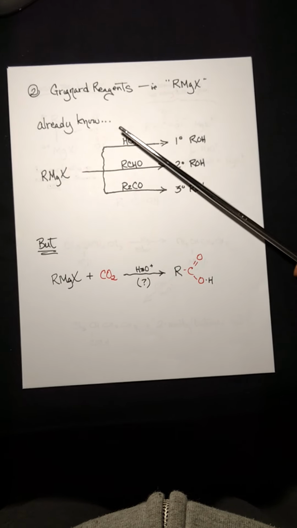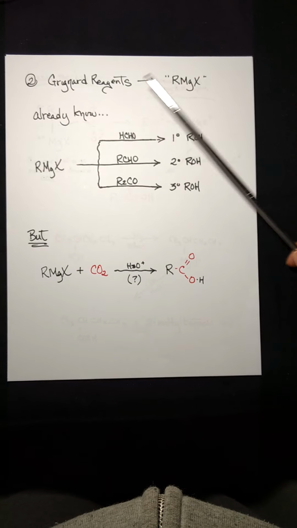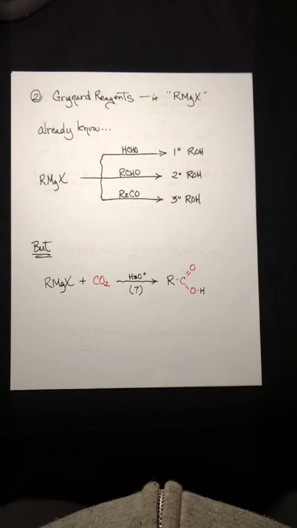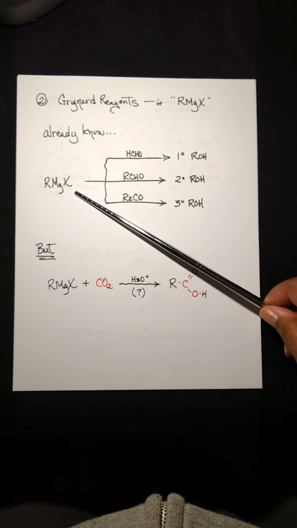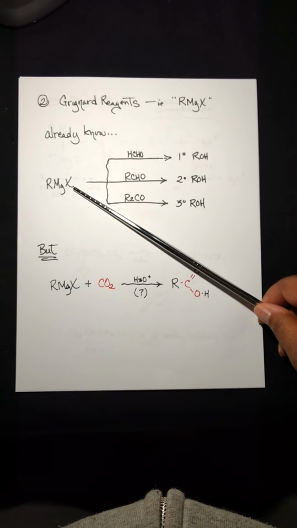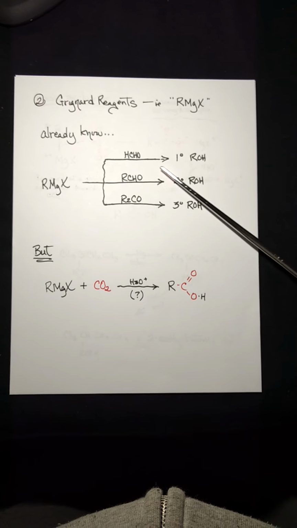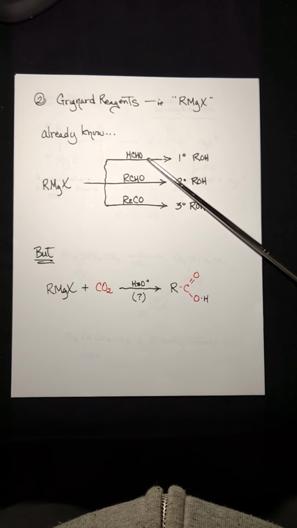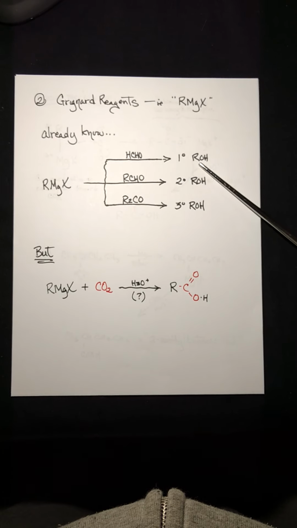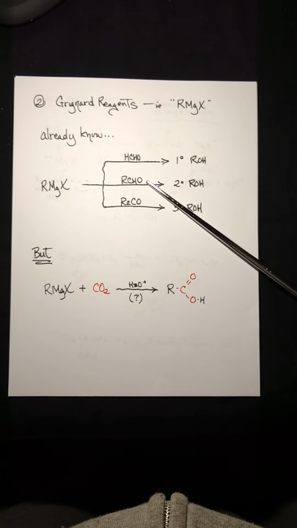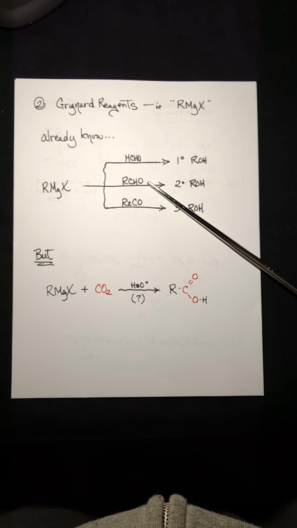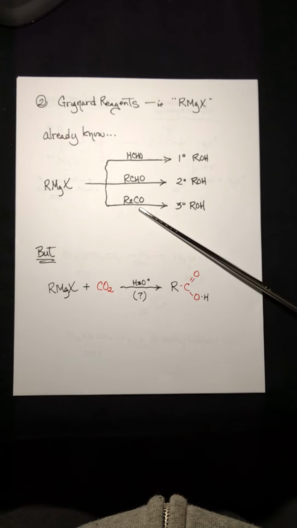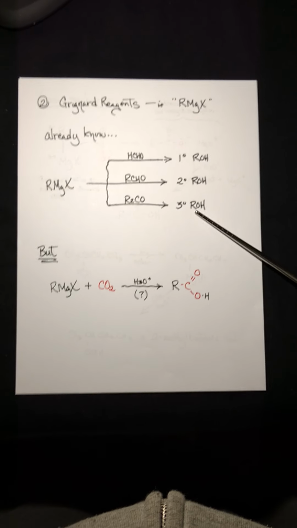Now, bet you didn't think that you would see Grignard reagents in this discussion. We know from past experience that a Grignard in conjunction with formaldehyde will give you a primary alcohol, an aldehyde in general will give you a secondary alcohol, and a ketone will give you a tertiary.